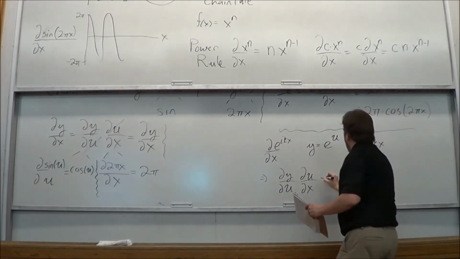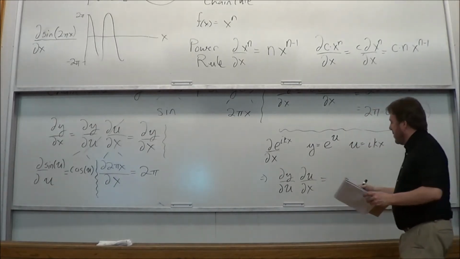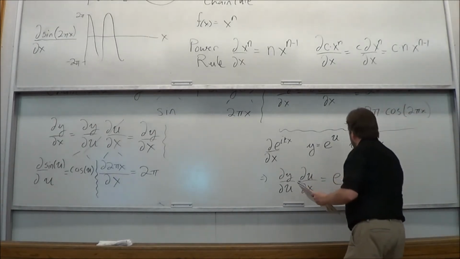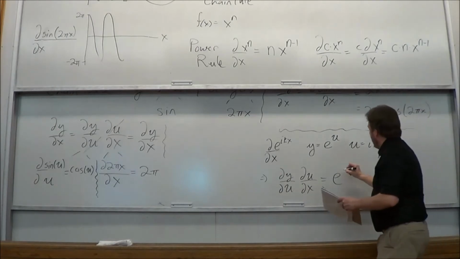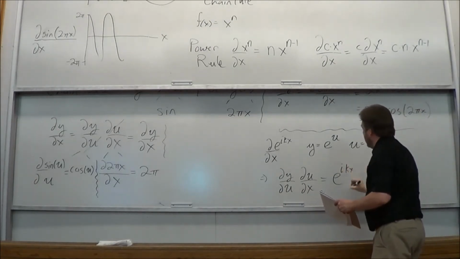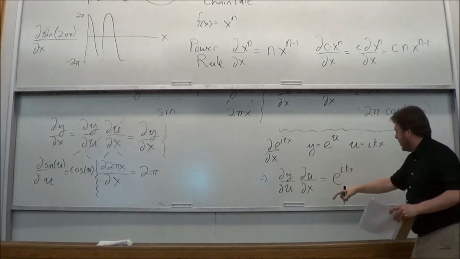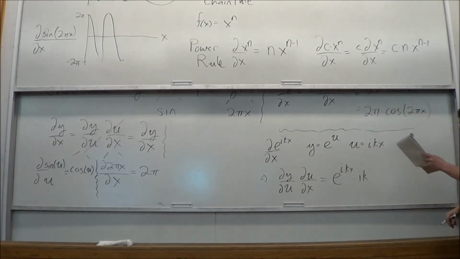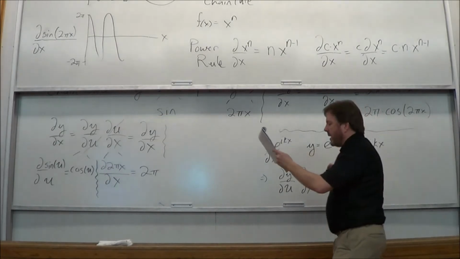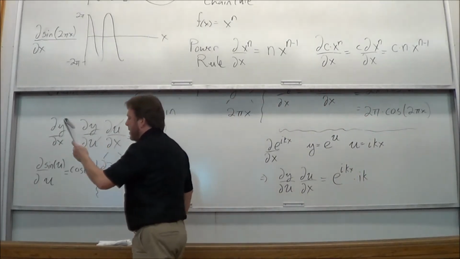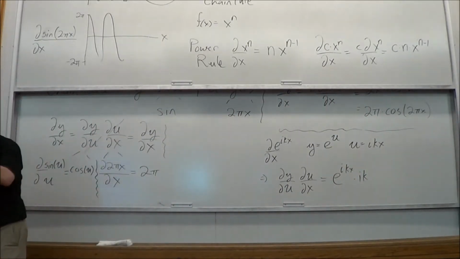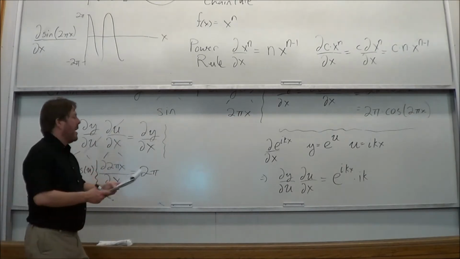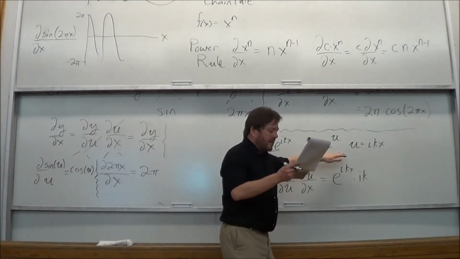Okay? Now I'm going to cover this in a minute, but the derivative of e to the u is e to the u, but remember u is i kx. The derivative of i kx with respect to x is i k. There you go. So these will get actually substantially harder. So I know this is a little bit childish, but it will get harder. So you may want to fall back on these formulas.